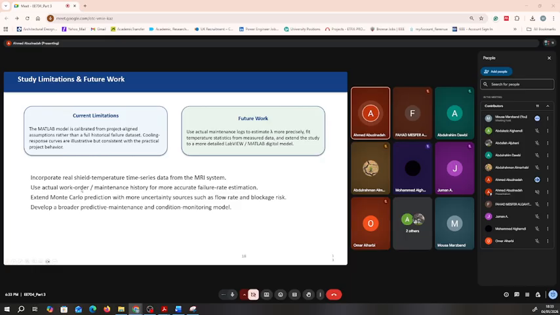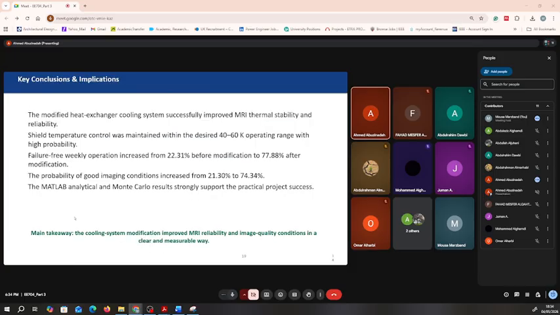Incorporate real shield temperature time series data from the MRI system. Use actual work orders and maintenance history for more accurate failure rate estimation. Extend Monte Carlo prediction with more uncertainty sources such as flow rate and blockage risk. Develop broader predictive maintenance and condition monitoring models.